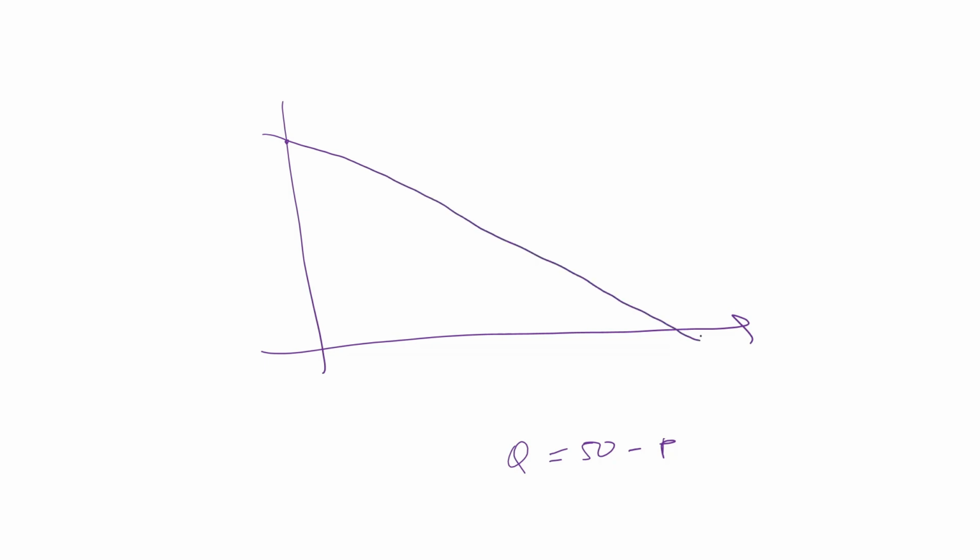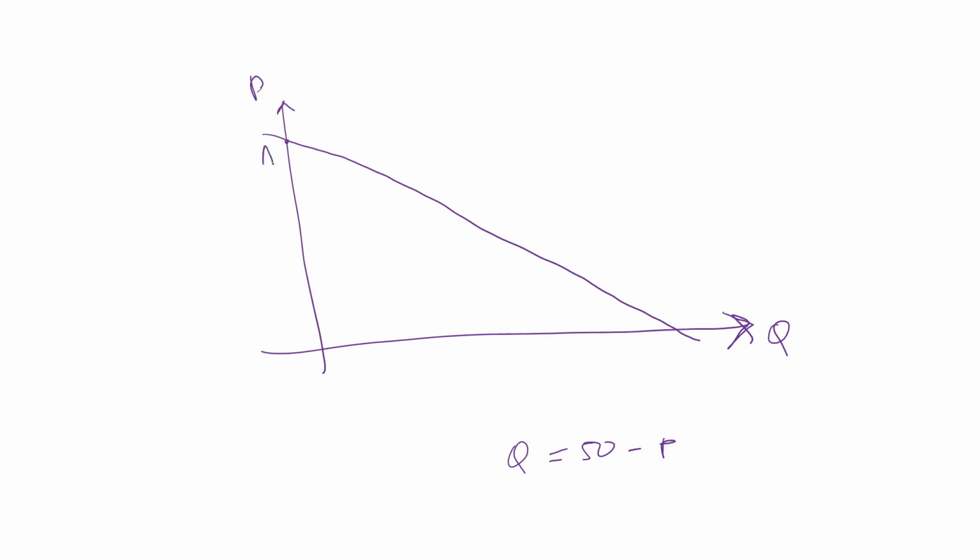So the demand curve will be Q equals 50 minus P, right? It will be downward sloping, and what will be the points of intersection?